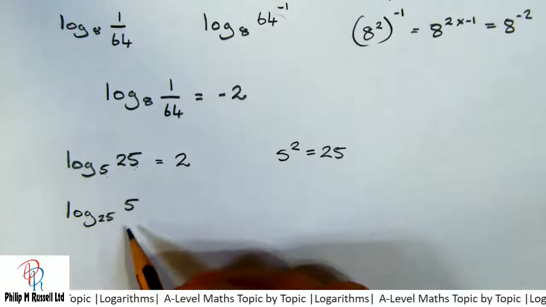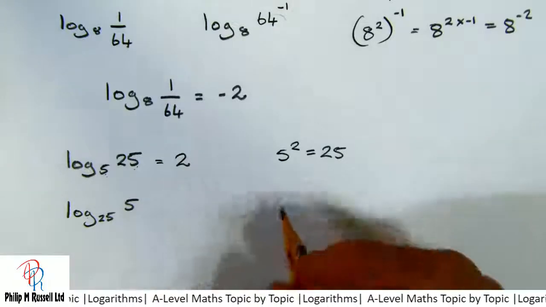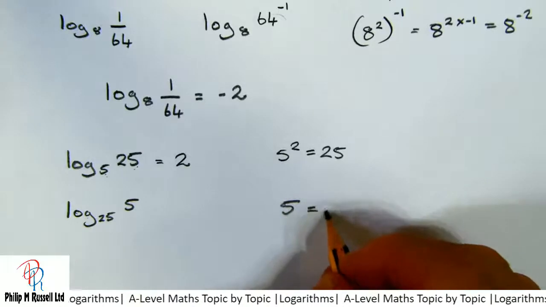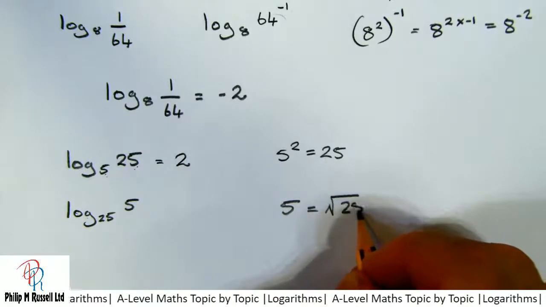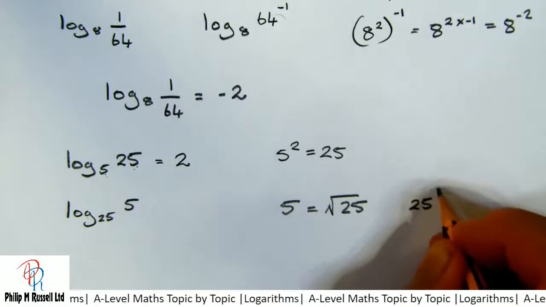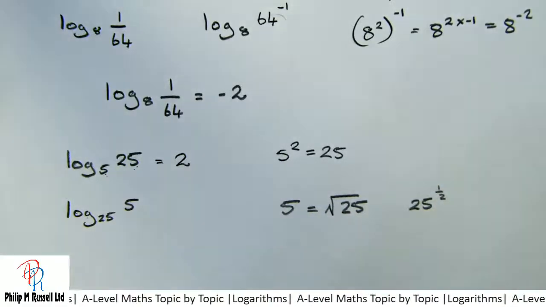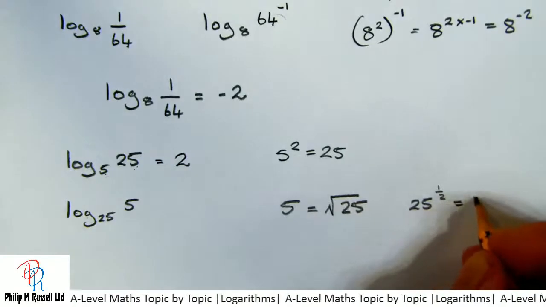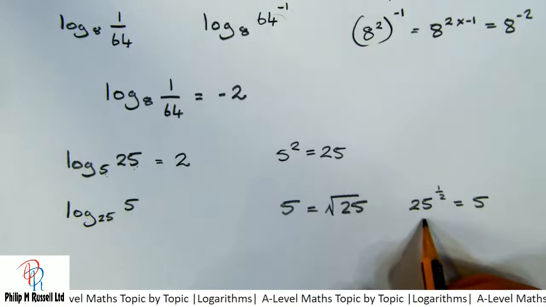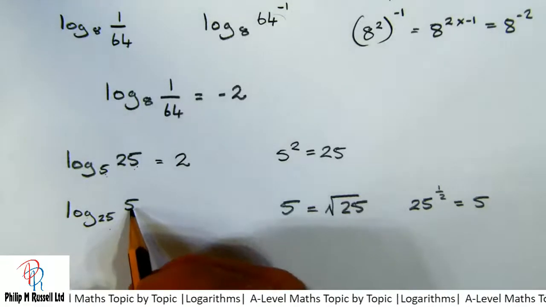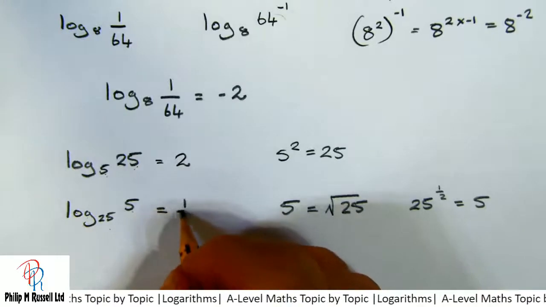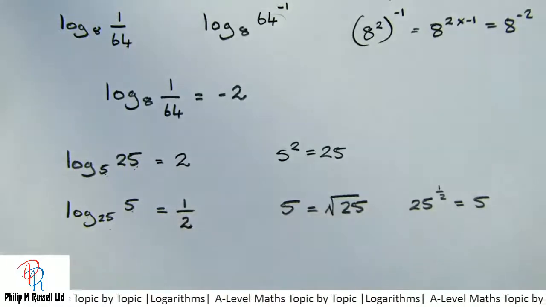Looking at that the same way, I know that 5 here is the square root of 25. So I know that 25 to the half equals 5. So log to the base 25 of 5 equals a half.